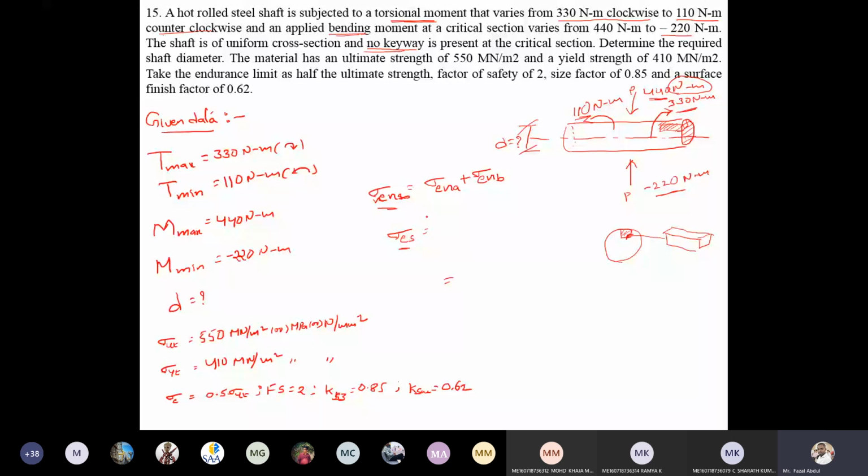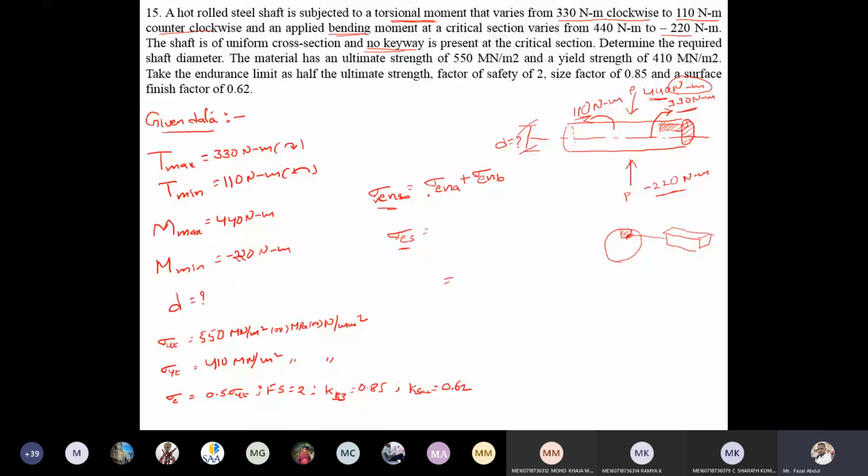So why I am using this principal stress theory here? Because whenever the component is subjected to more than one different type of loading, this type of method we need to adopt. Otherwise, suppose here only one category load is given, consider bending load type of asking here. At this time, no need to take these principal stresses because only one category is applying here.